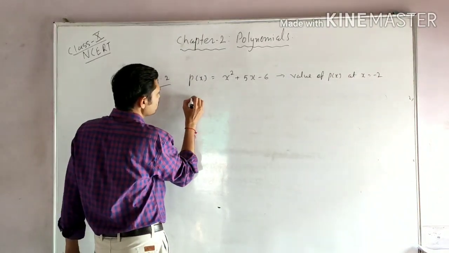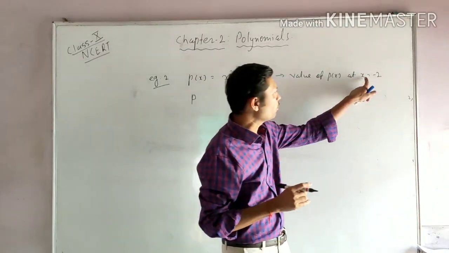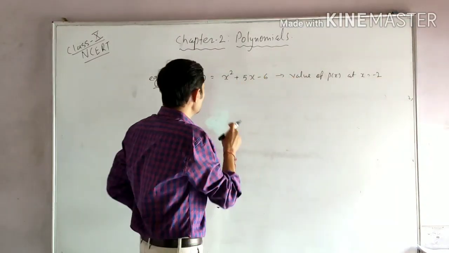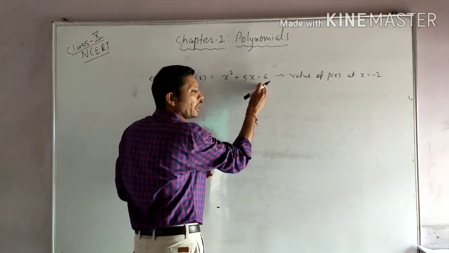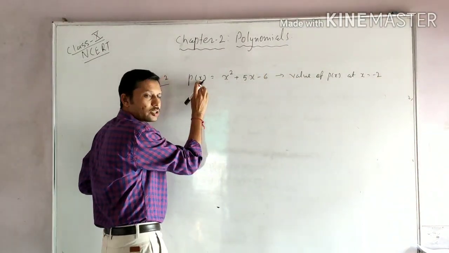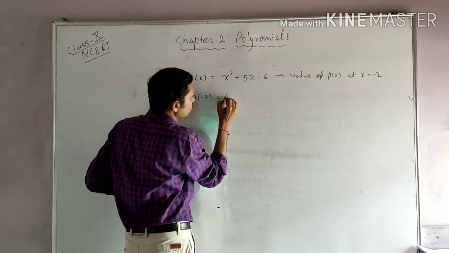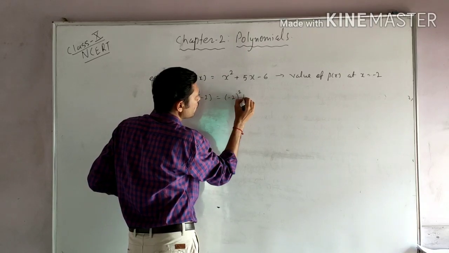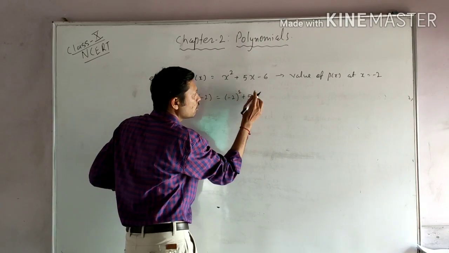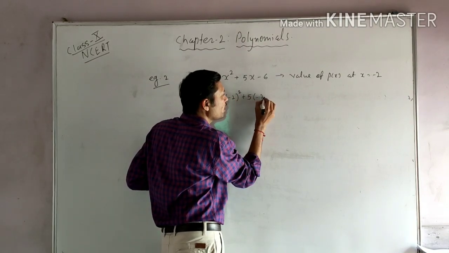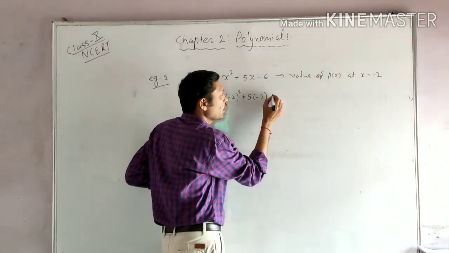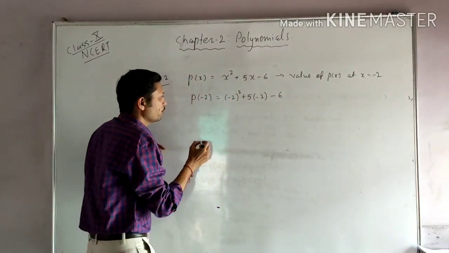Now do the calculation. Simply we have to replace the value of x, minus 2, in our polynomial wherever x is there. So we take minus 2 squared, then 5 times the value of x, which we replace with minus 2, and then minus 6.